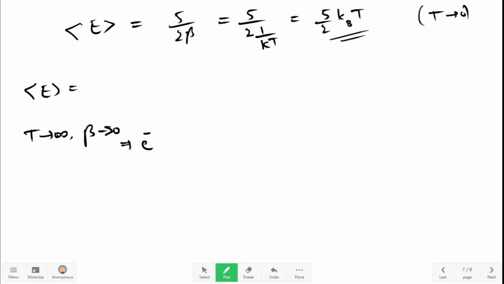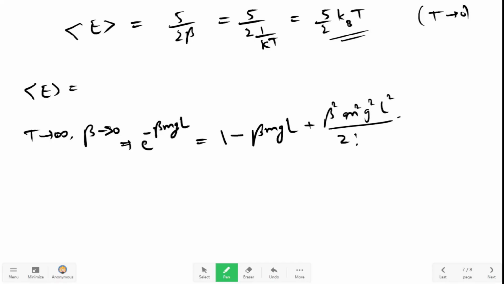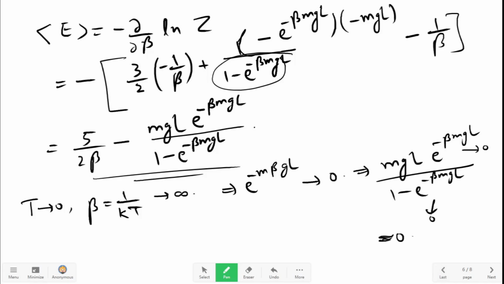This implies e raised to minus βmgl is equal to 1 minus βmgl plus β² m² g² l² divided by 2 factorial minus etc. So when β is tending to 0, we can neglect all these higher terms. Therefore this can be approximated to 1, and this can be approximated to 1 minus βmgl.